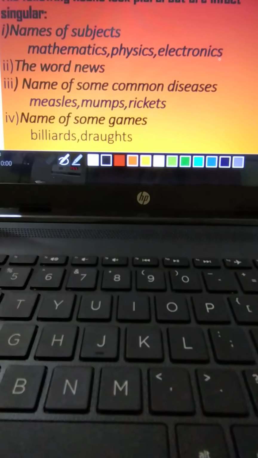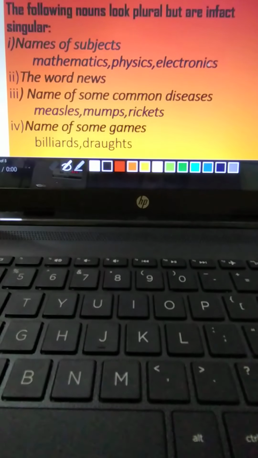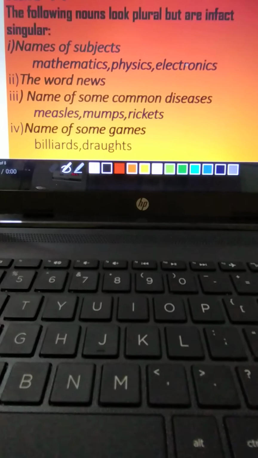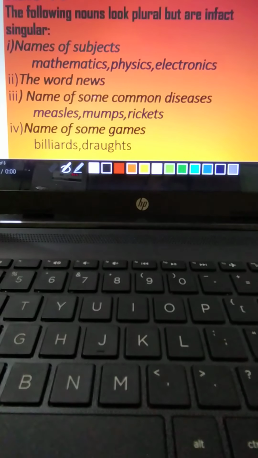Now electronics, gadgets and all. We say any one single one is also there in our house. We say it's an electronic item, but it looks plural, but actually it is a singular object, right? Now the word news.